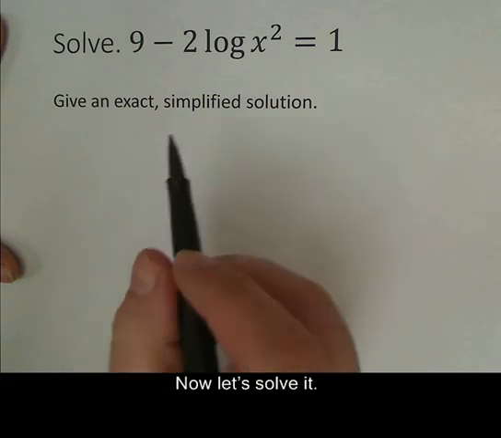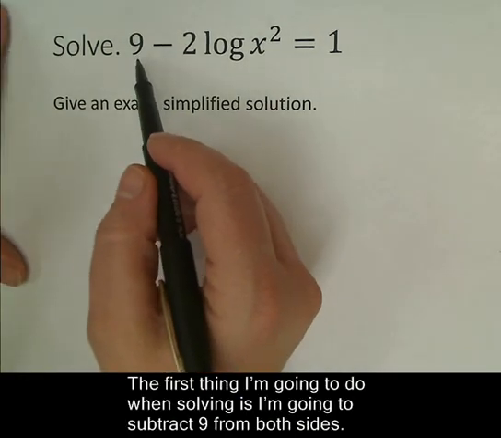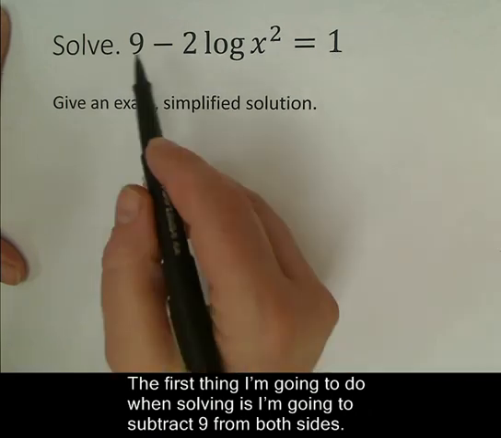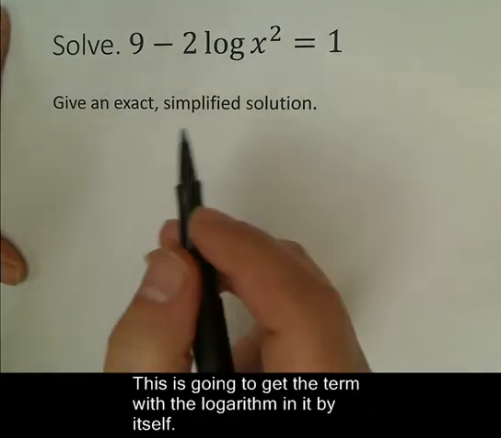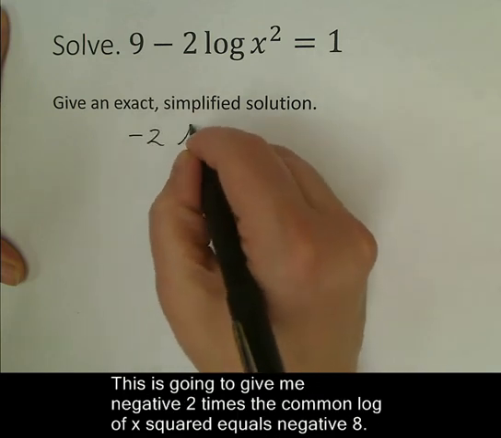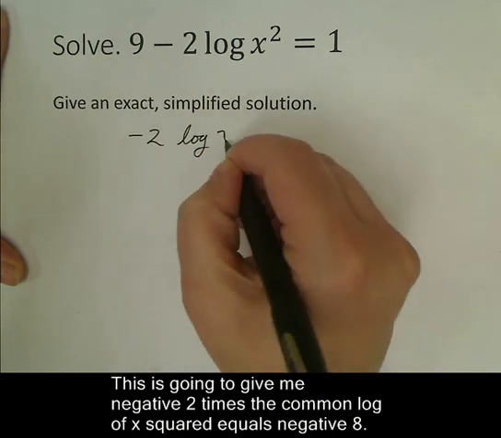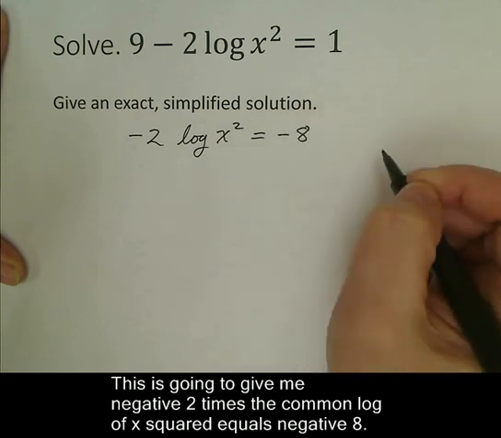Now let's solve it. The first thing I'm going to do when solving is I'm going to subtract 9 from both sides. This is going to get the term with the logarithm in it by itself. This is going to give me -2 times the common log of x squared equals -8. Right?